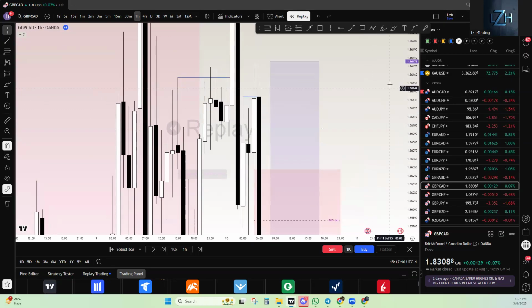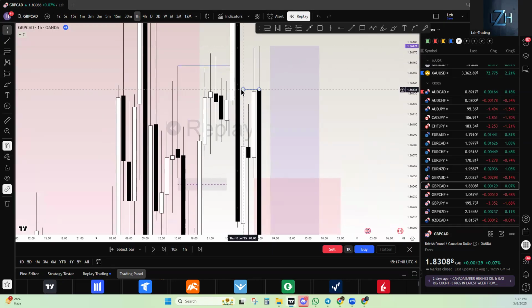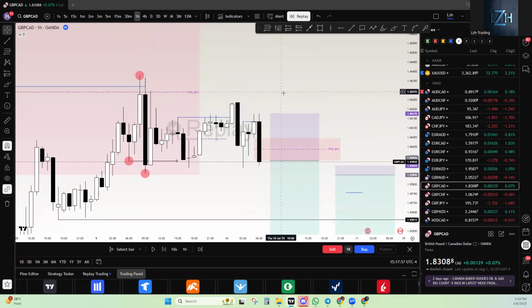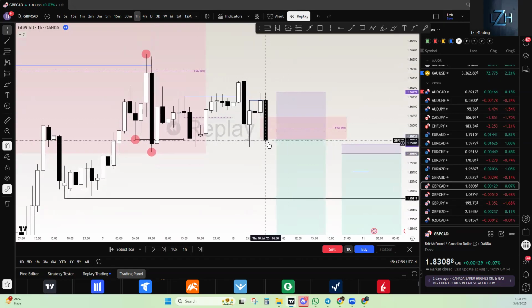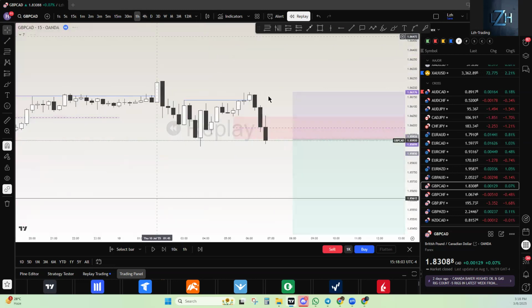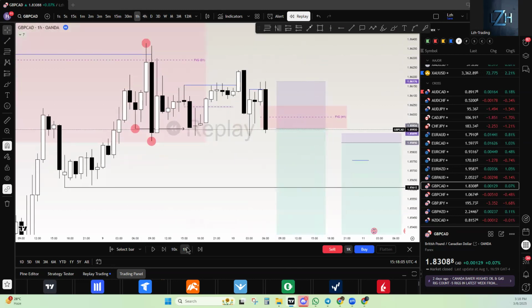If you zoom in to see, this did not have a displacement to the upside. Instead, it was closing with a wick, and it really comes to the end that it's coming to 6 a.m. over here. So watch a little bit more. Sorry, 1 hour. Stick to 1 hour first. One more here, and another change of structure.